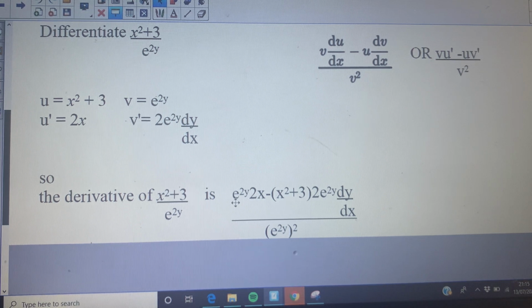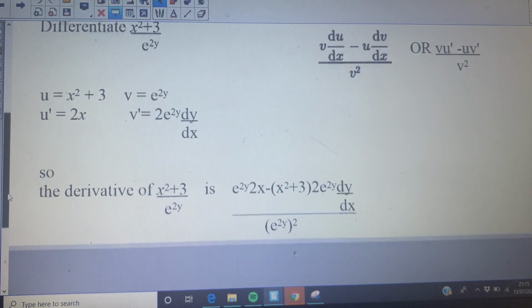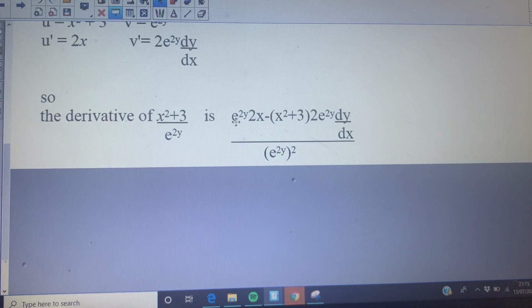You've got v du dx minus u dv dx all over v squared. Now, I've spotted that there's one term in the numerator and a second term. That second term is pretty big and pretty ugly.